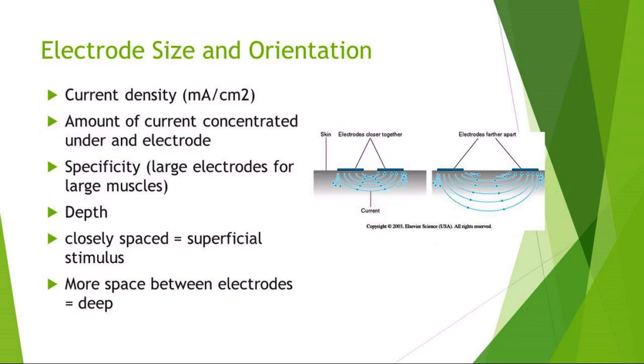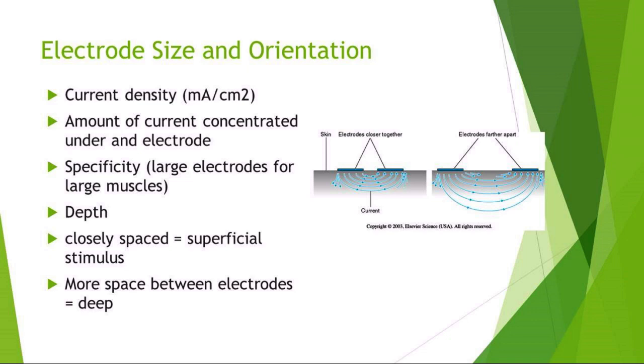So the current density on an electrode is milliamps per centimeter squared. So how many amps are going through a certain area? The current density is the amount of current that's concentrated under an electrode. So if you have a smaller electrode with the same amperage, you're going to have a higher current density.